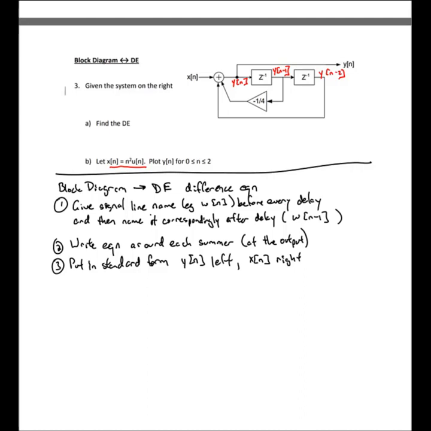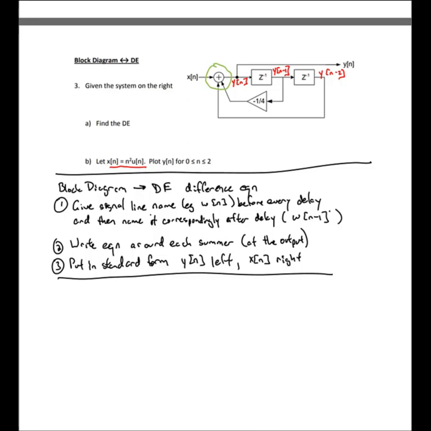And now let's do the second step. So the second step is to write the equation around every single summer. So let's start off writing it around, there's only one summer right here. So what do you mean by summer?